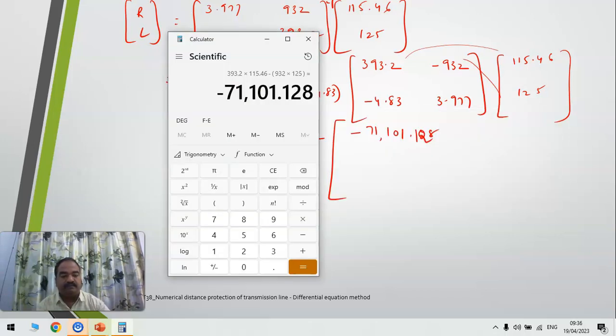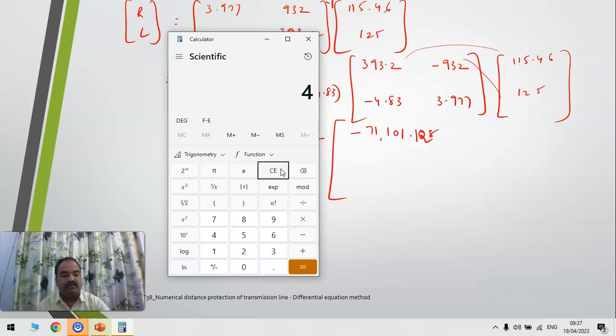Now the other one: minus 4.83 into 115.46 minus 932 into 12.5.